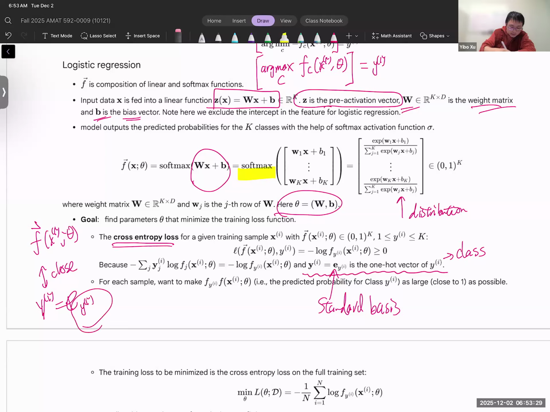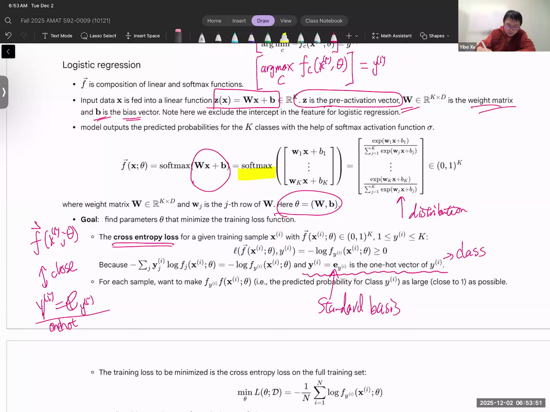The bold yi is the one-hot vector of the label. So you want these two vectors to be close. For the ith data point, this distribution needs to be close to the one-hot vector for that class. The closer the better.